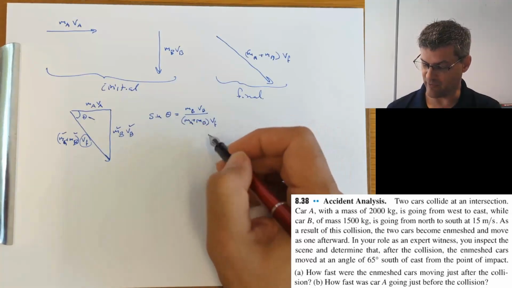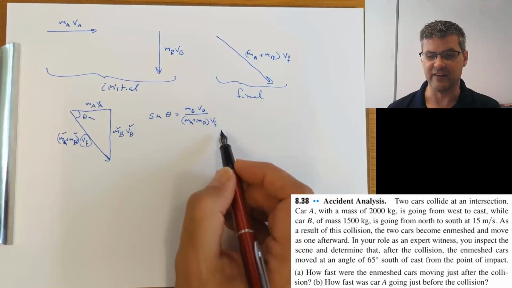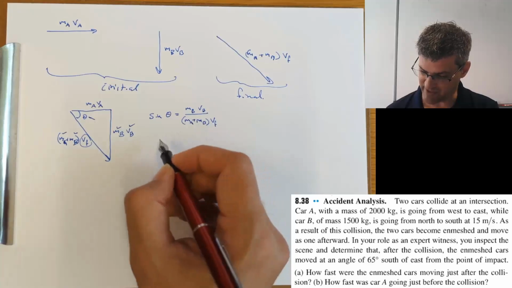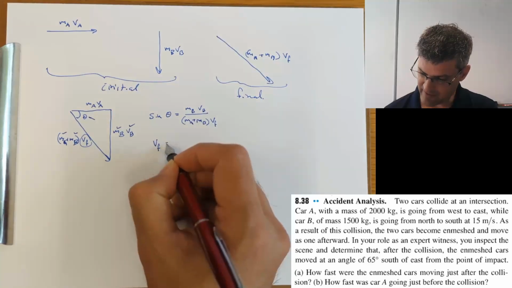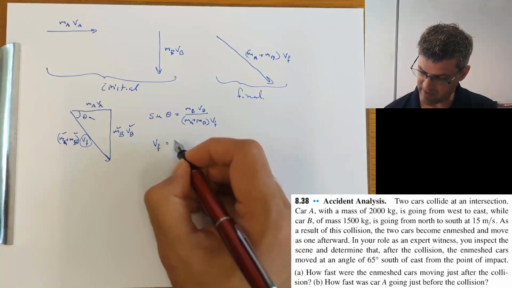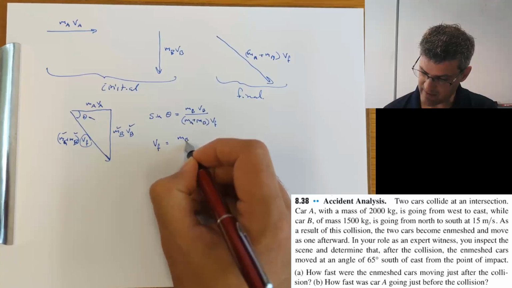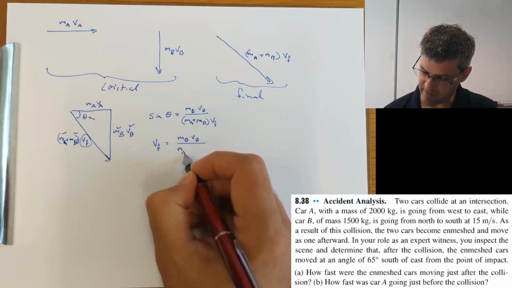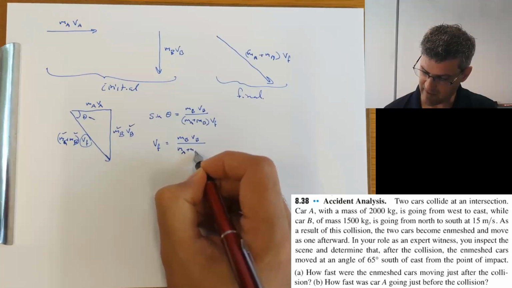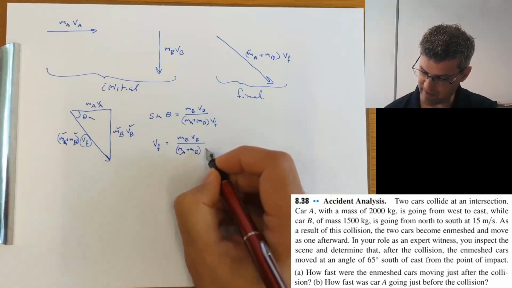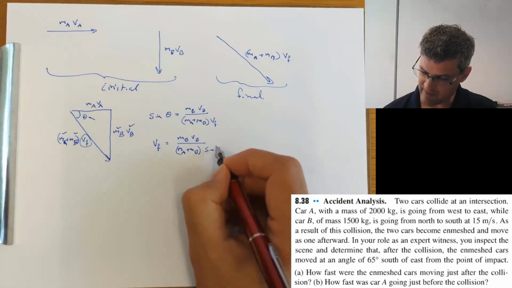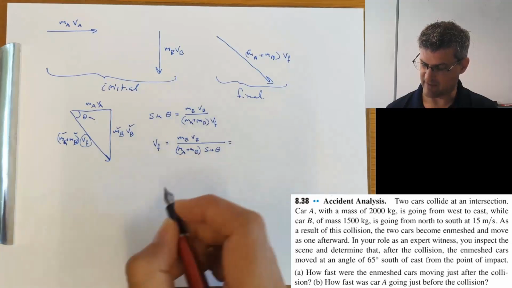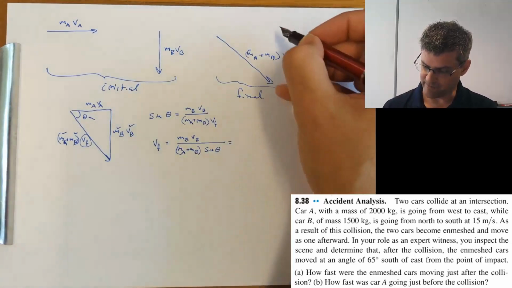And so if what I'm trying to find is the final velocity, how fast were the enmeshed cars moving just after the collision, that is going to be MBVB over MA plus MB sine theta.